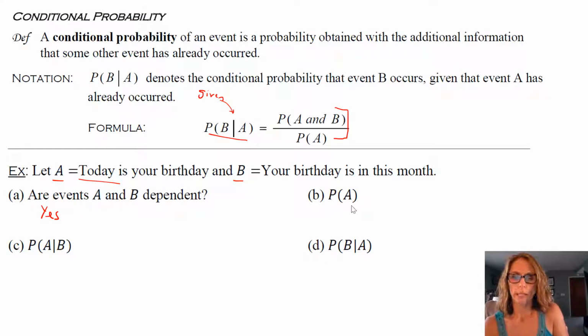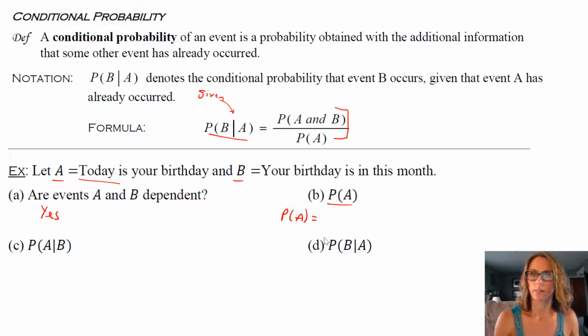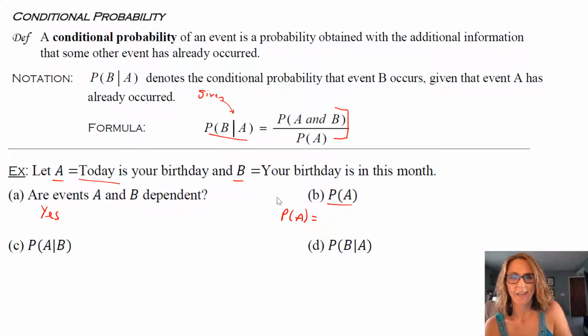So the probability that today is your birthday, you might say, well, that's 0 because today's not my birthday. But if we were to just randomly choose somebody, the idea here would be that one day is your birthday out of the year and there's 365 days out of the year. So we're kind of ignoring leap year in this case.